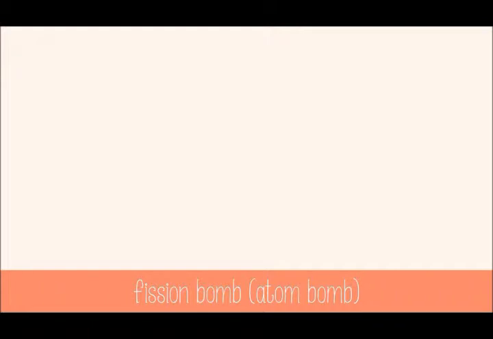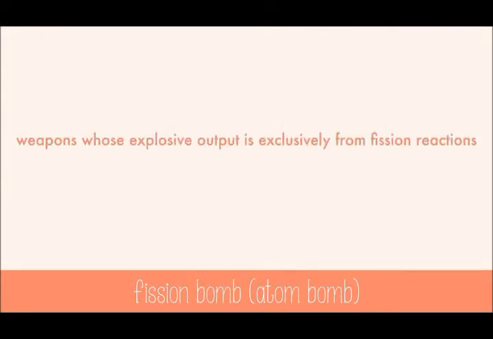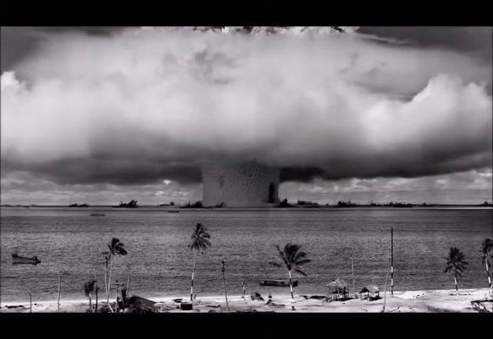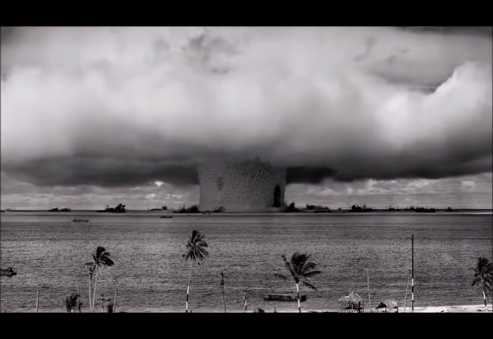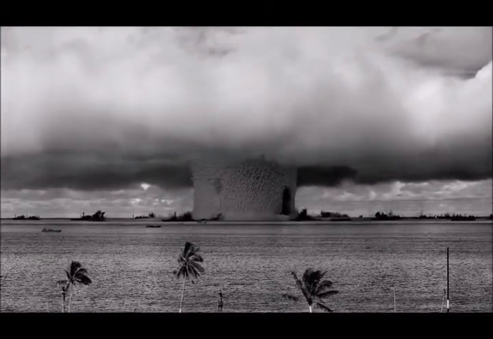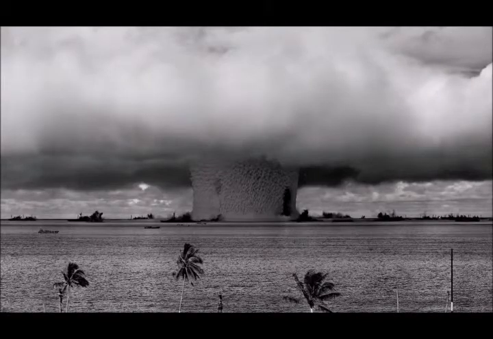Now, perhaps most notoriously, fission and fusion can be used in nuclear weapons. The fission bomb, also known as the atom bomb, includes weapons whose explosive output is exclusively from fission reactions. Many fission bombs have been dropped to test and study their power and nuclear fallout.